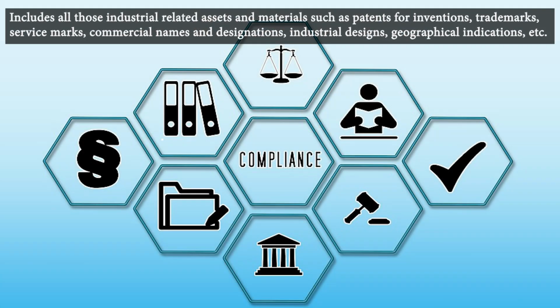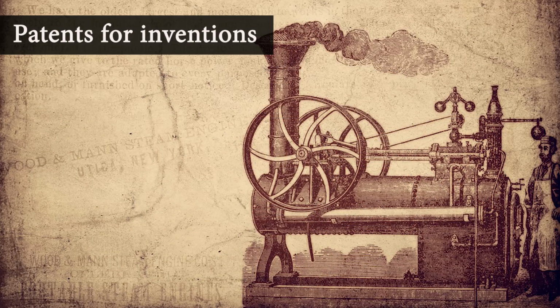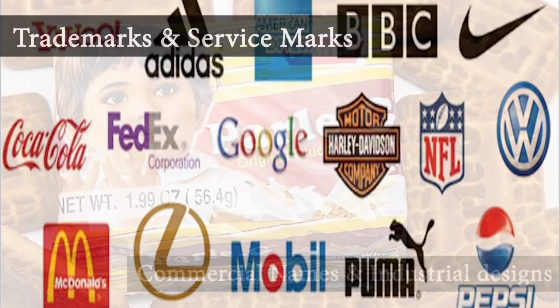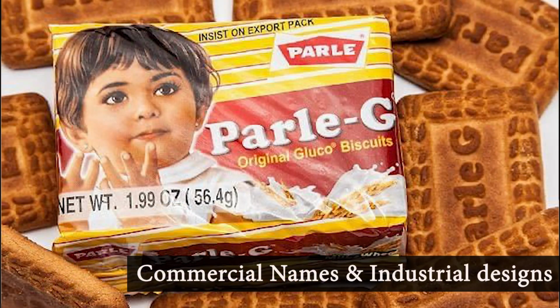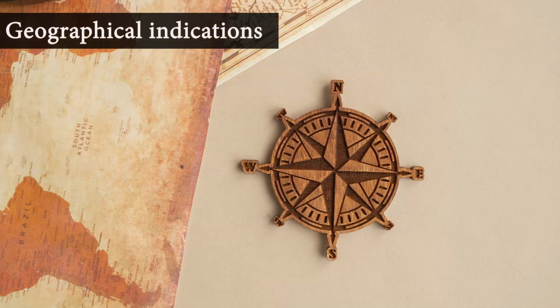This includes all the industrial related assets. So it is something which is related to the industry, such as patents for inventions, trademarks, service marks, commercial names and designations, industrial designs, geographical indications. For example, if you have seen the trademark or the emblem of Sony TV, they have a special kind of trademark, or any jewelry, they make use of some trademarks.